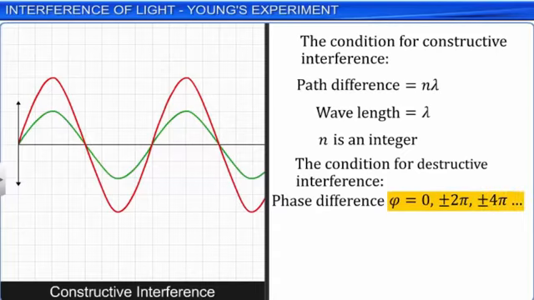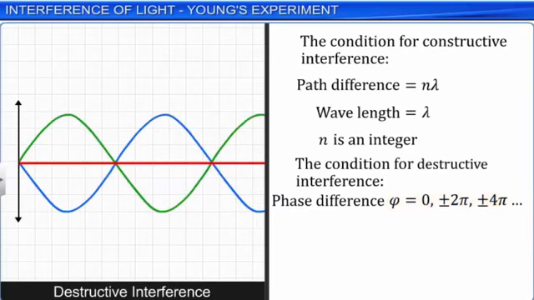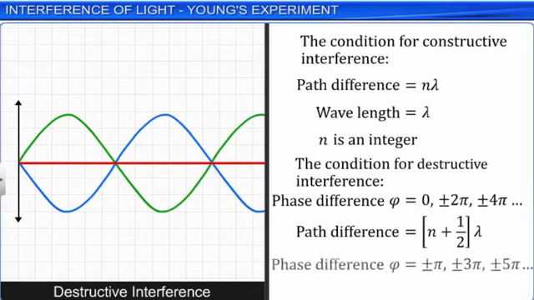For destructive interference, either the path difference is equal to (n plus half) into λ, or the phase difference φ is equal to ±π or ±3π and so on.